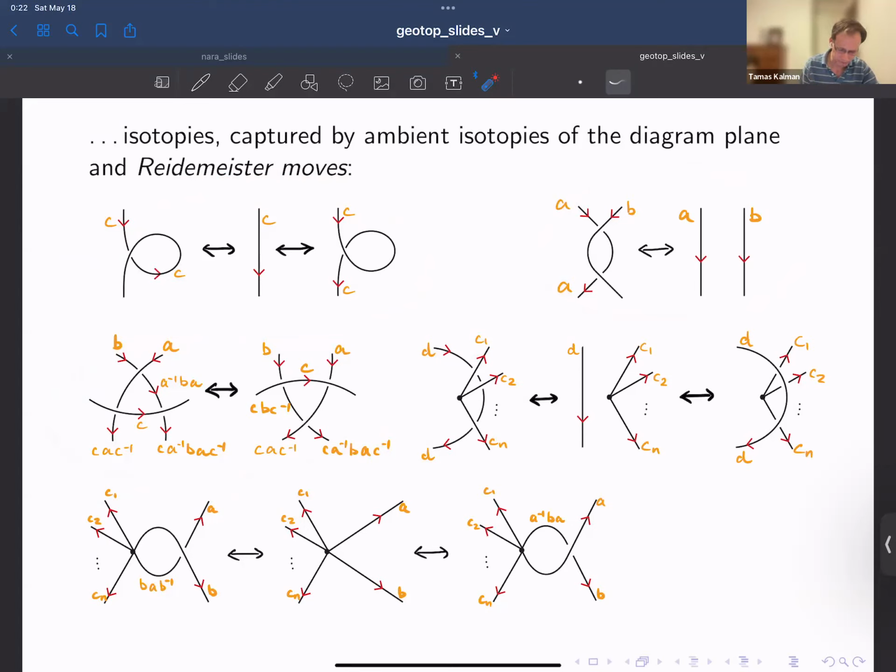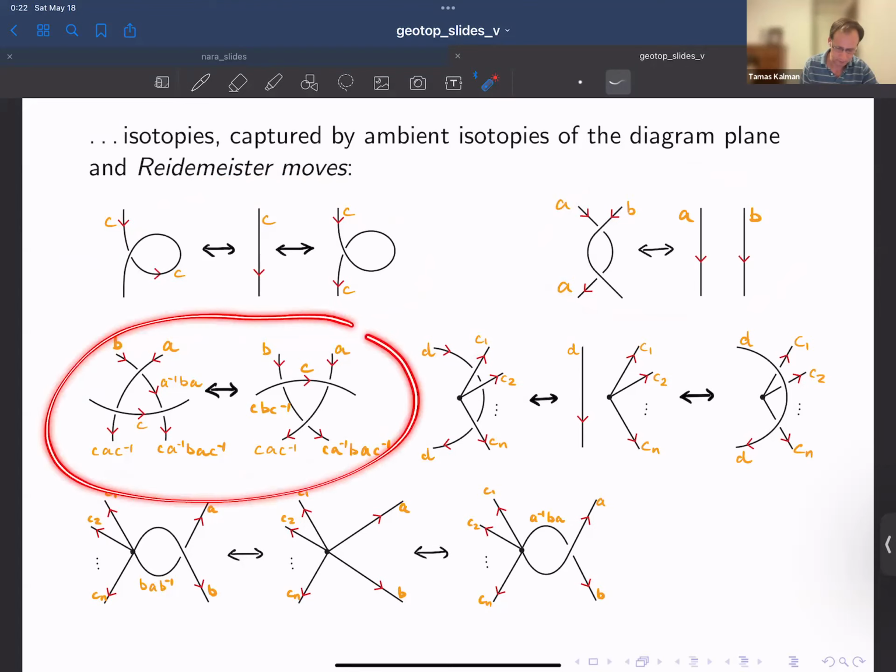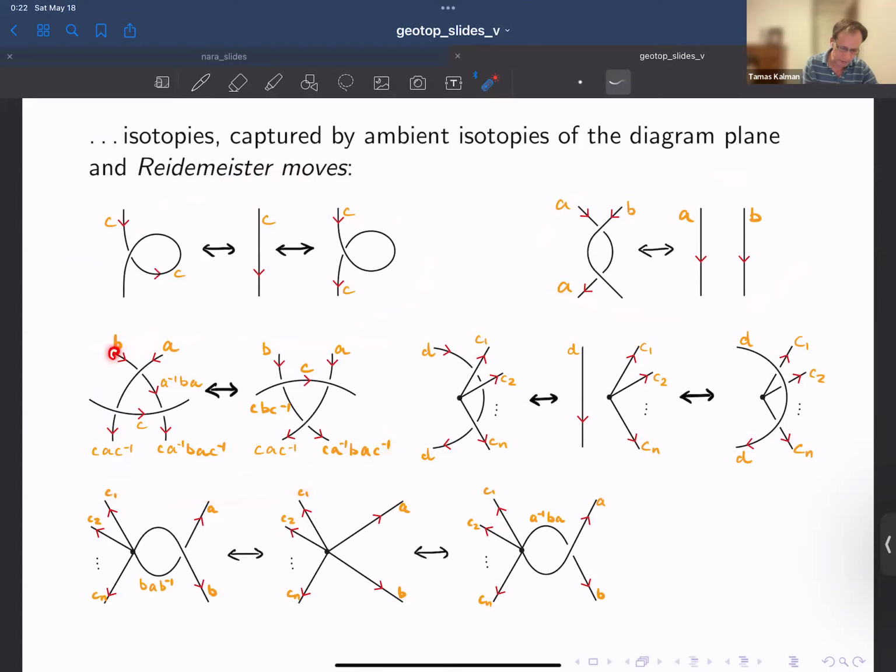For example, it's a very important principle that when you perform a Reidemeister 3 move, then these outer endpoints where the projection leaves the neighborhood in which the move was performed keep their labels. These labels are all the same in this case as in this case. All right, but we do consider these vertices.